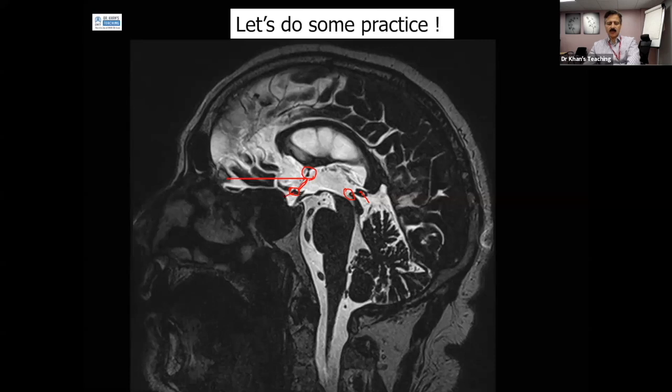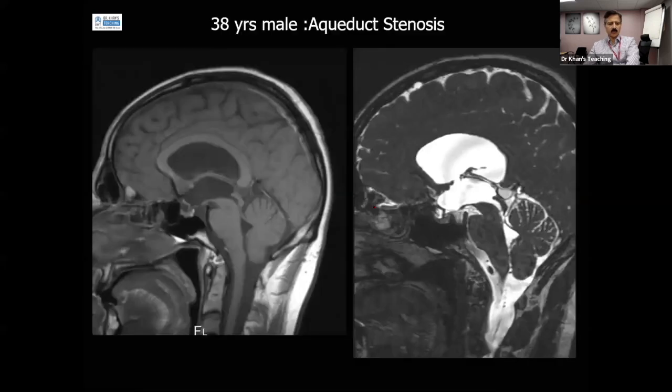And what is this? This thing, optic chiasma, very good. What is the name of this recess where I have drawn an arrow? So name the recess. Infundibular recess of the third ventricle. What is this cistern? Quadrigeminal, very good.